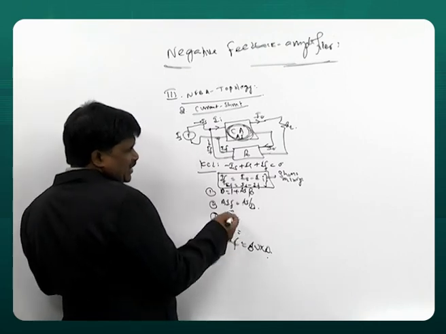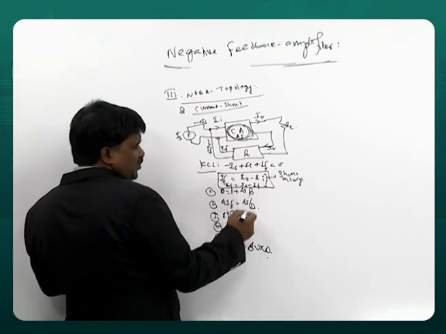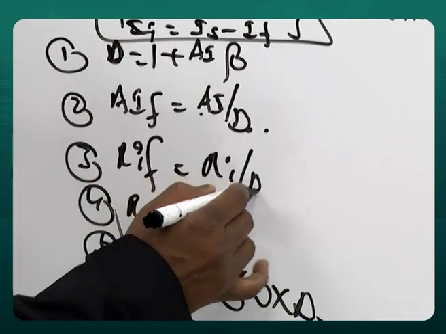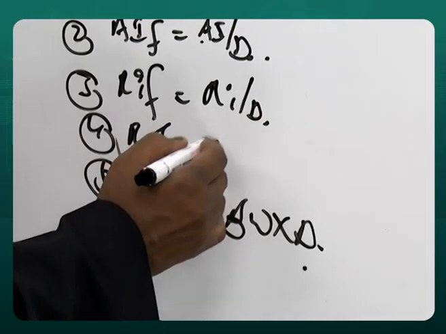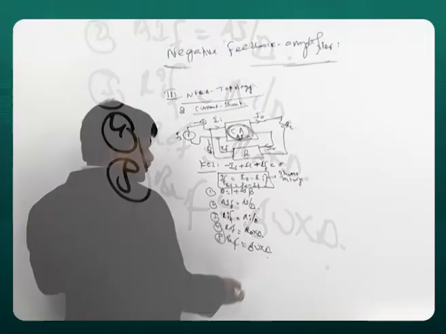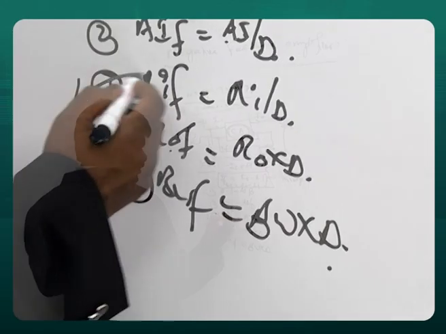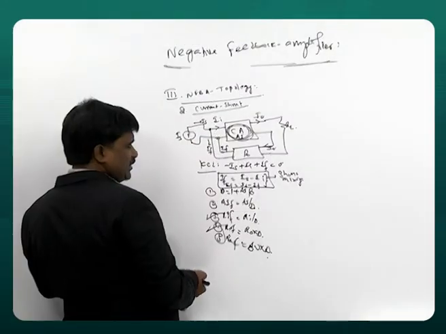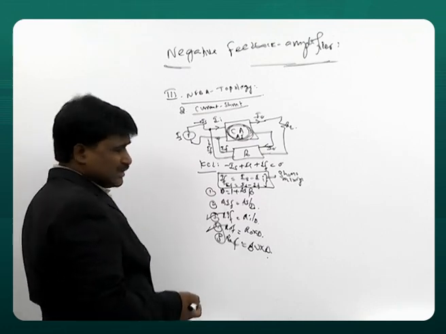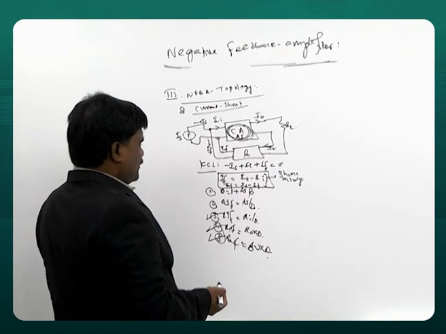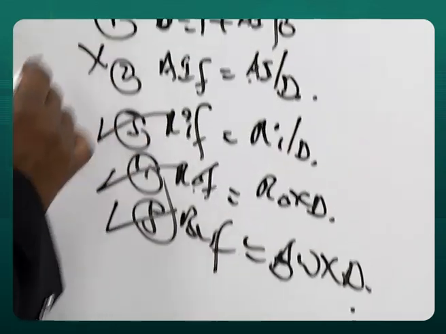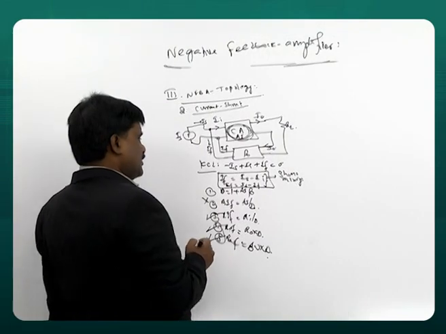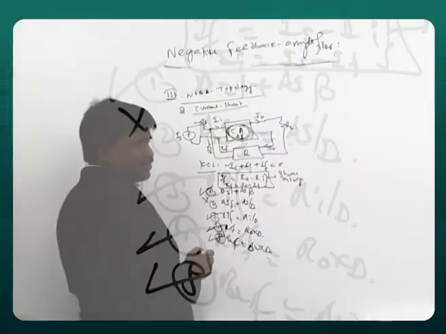But impedances, you tell me, shunt means what? Divided. Current means multiplied. In a current amplifier, input should be less, output should be high. Both are satisfied. Bandwidth should be high. The only drawback is gain is decreased, but stability is achieved.